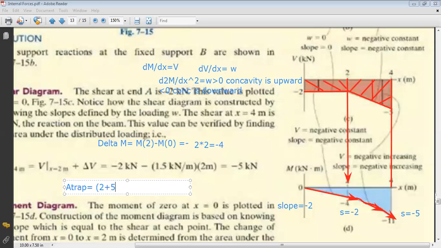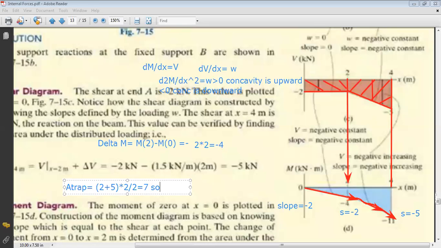So 2 plus 5 times the height. The height is equal to 2 over 2, which will give me 7. So the area of this part is 7. You can also divide it into rectangle and triangle, and you find that it's equal to 7. But since it is below the x-axis, I will take the negative area.